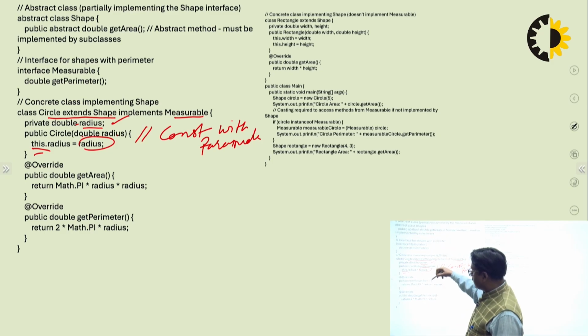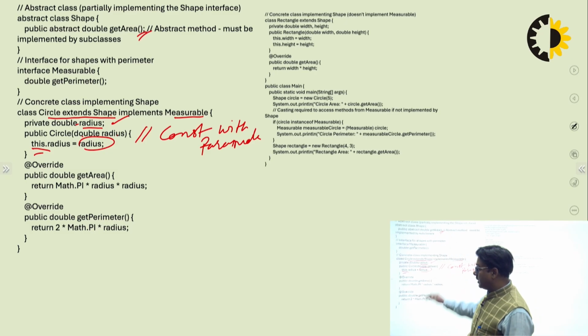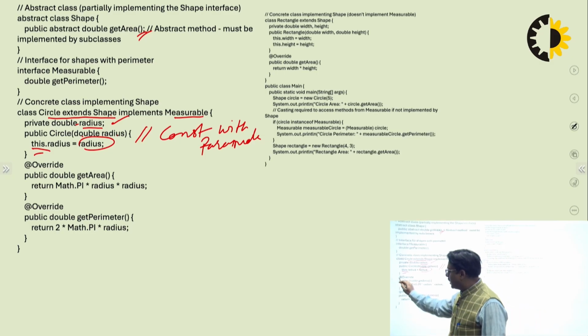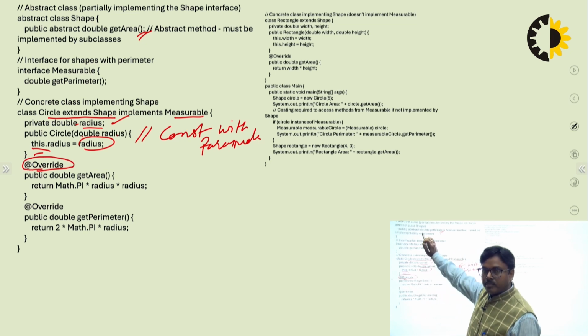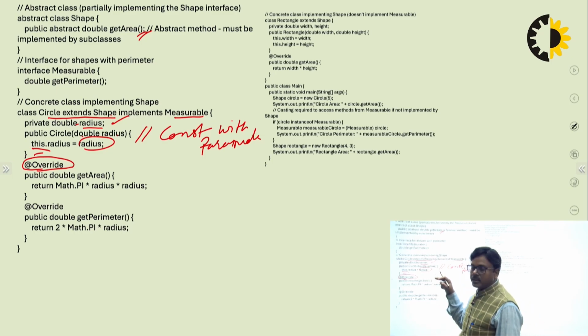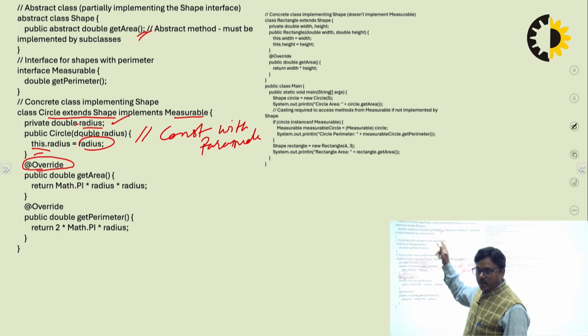Now double getArea is there, the abstract method. Now we will be giving the definition. While giving the definition, we have to use another feature, that is @Override. This is a pointer, meaning it is pointing to a particular method which has been declared abstract, and that abstract method will be defined here.